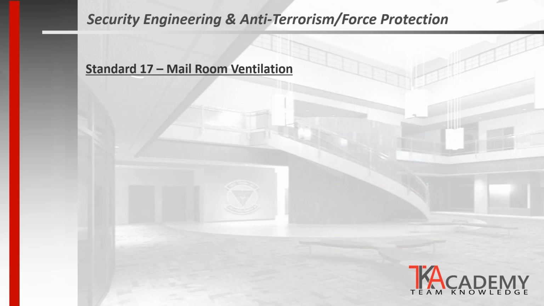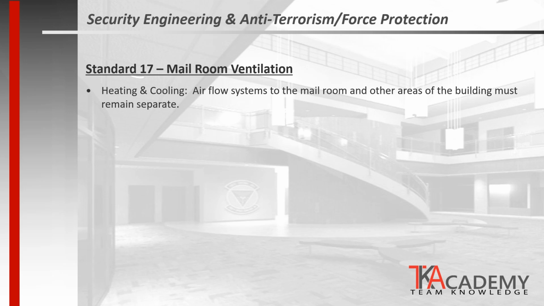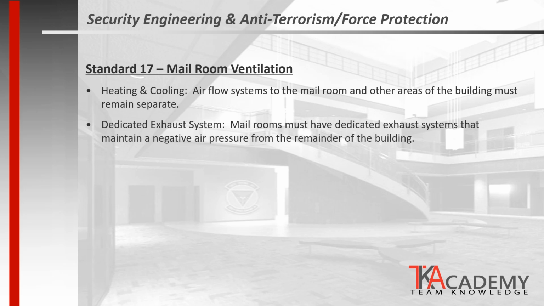Standard 17 again addresses the threat delivered through the mail system. This standard specifically addresses mailroom ventilation. It states that for heating and cooling systems, the airflow systems to the mailroom must remain separate from the main building system. There must be a dedicated exhaust system to maintain negative air pressure from the remainder of the building.